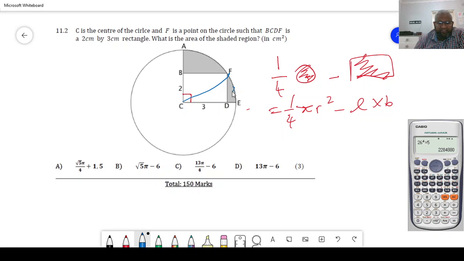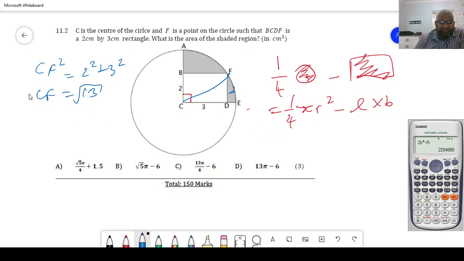So if that is 3 and 2, I can apply Pythagoras to work out CF. So CF squared equals 2 squared plus 3 squared. That's your Pythagorean theorem. That is 4 plus 9, which is 13. So CF is going to be the root of 13. It won't be plus or minus because I'm talking about length here.